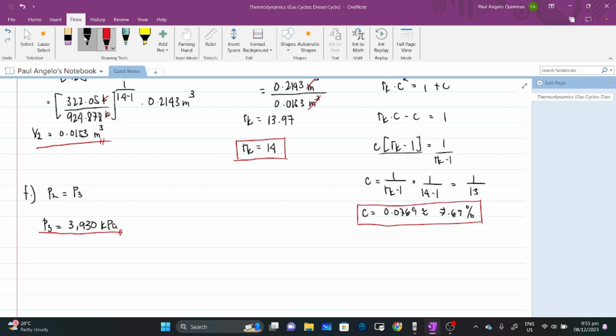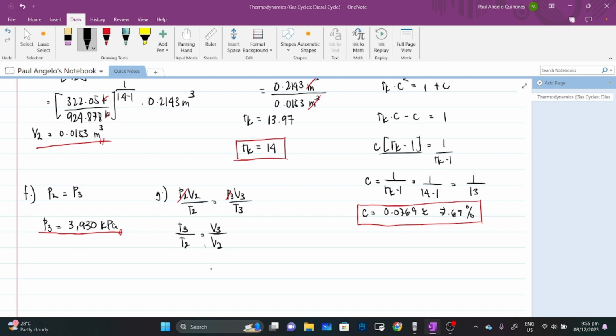Next, letter G. We can use combined gas law, which is given by P2 V2 over T2 is equal to P3 V3 over T3. Since the pressure is constant at that point, pressure will cancel out, and then we can perform separation of variables. We have T3 over T2 is equal to V3 over V2.